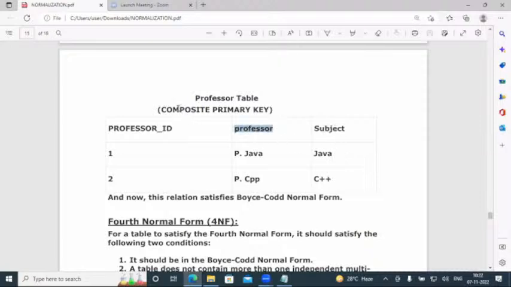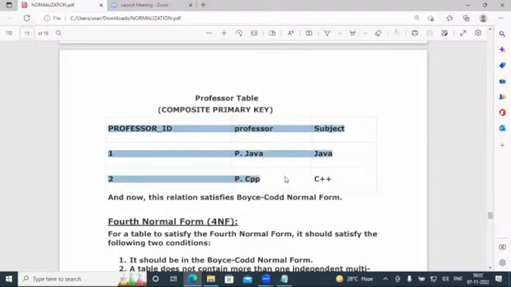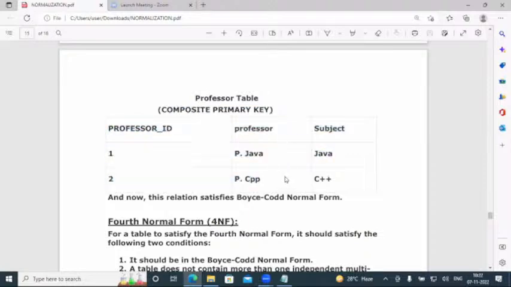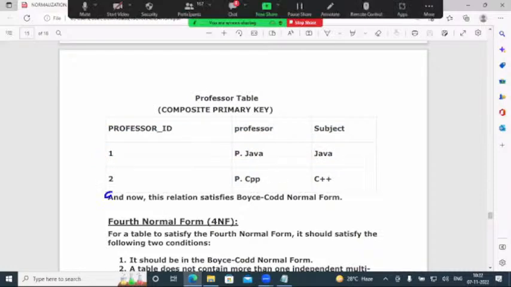Now, what about professor? Composite primary key. In this composite primary key of professor ID and professor, is it possible to insert a duplicate? No. Suppose you can see, can I give it like this? Professor Java. Can I give it?